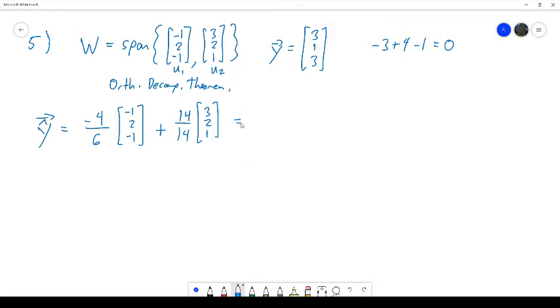So then we have -2/3 times this vector. Let me just clean this up a little bit. And just 1 times this vector. So if we do this, -2/3 times -1 is 2/3, and 2/3 plus 3, we could say is 2/3 plus 9/3, so that would be 11/3.